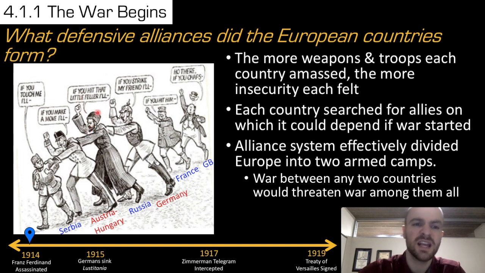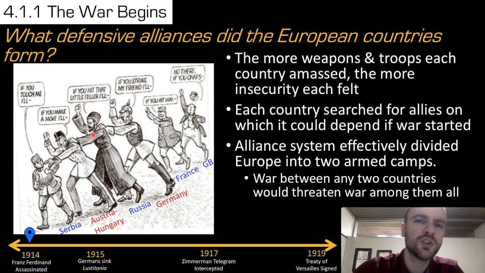But then Germany comes to the defense of Austria-Hungary because they're both Central Powers, and Germany ends up putting a hand on Russia and says, if you strike my friend. And that leaves France, which is allied with Russia, to say that if you hit him, and so all of these countries are trying to come to the defense of their allies.